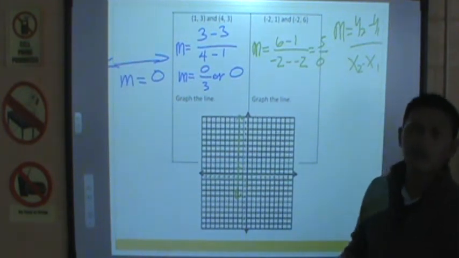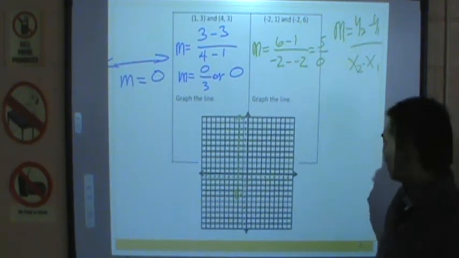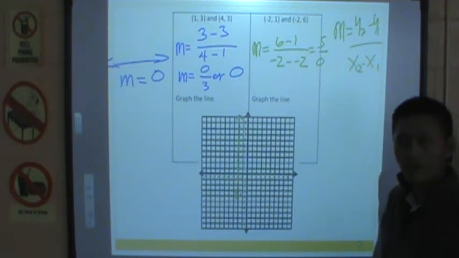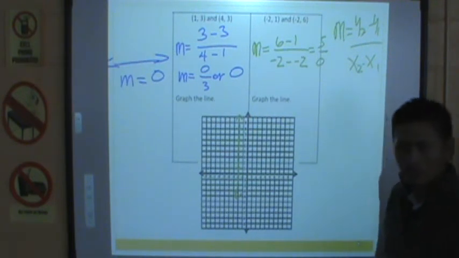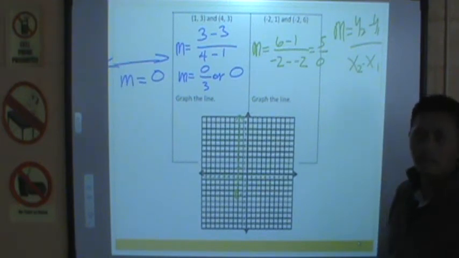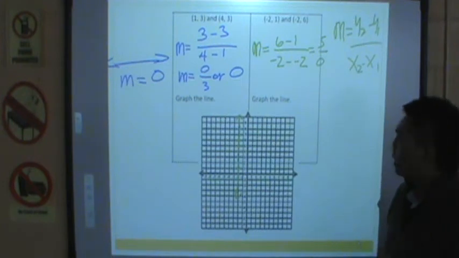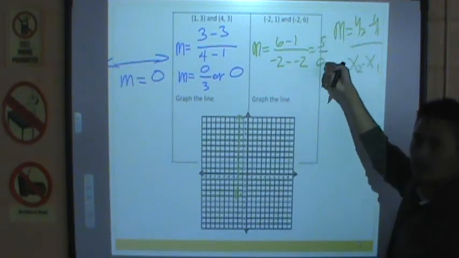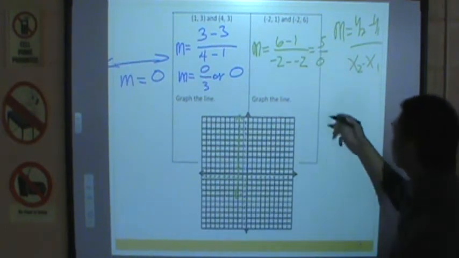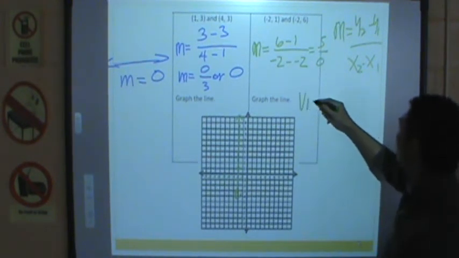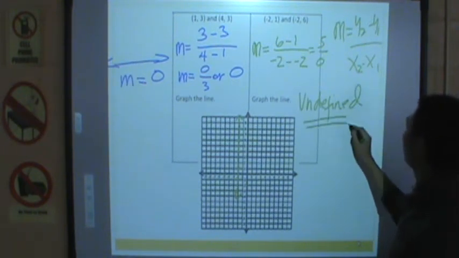When you use your calculator and divide 5 by 0, you will get an error message. Error in the calculator means it's not defined. The calculator cannot divide a number by 0. In mathematics, we cannot divide a number by 0. Because we cannot divide a number by 0, we call it, I need you to familiarize the big word, undefined.